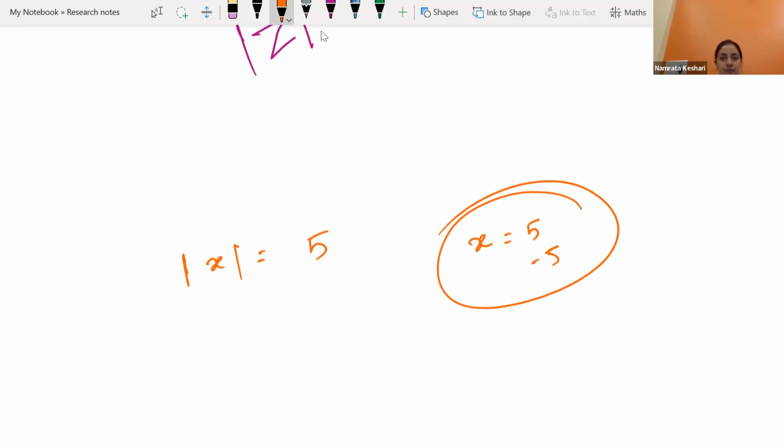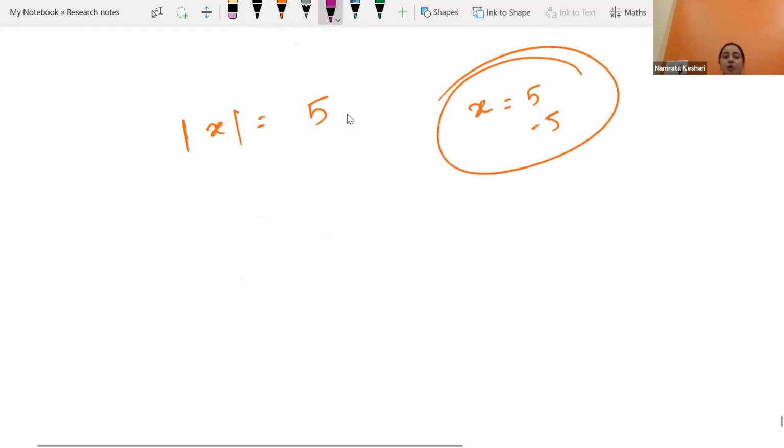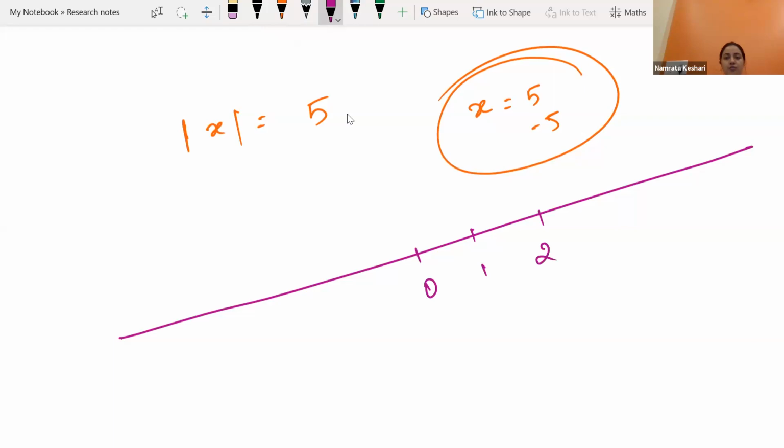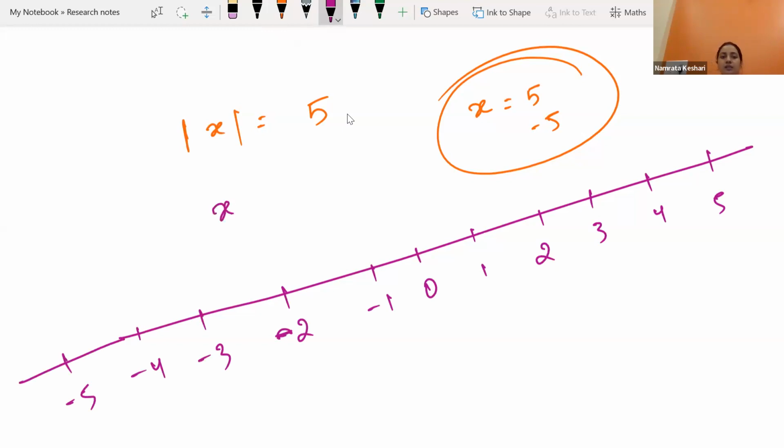So on the number line, if I draw a real line, 0, 1, 2, 3, 4, 5, and here minus 1, minus 2, minus 3, minus 4, minus 5. Modulus is 5, then x is 5 or maybe minus 5. Can you see it is distance from origin only?